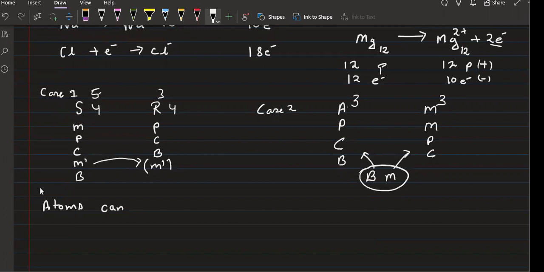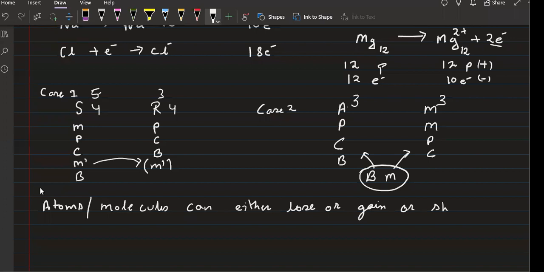Or you can just say atoms or molecules can either lose or gain or share electrons.